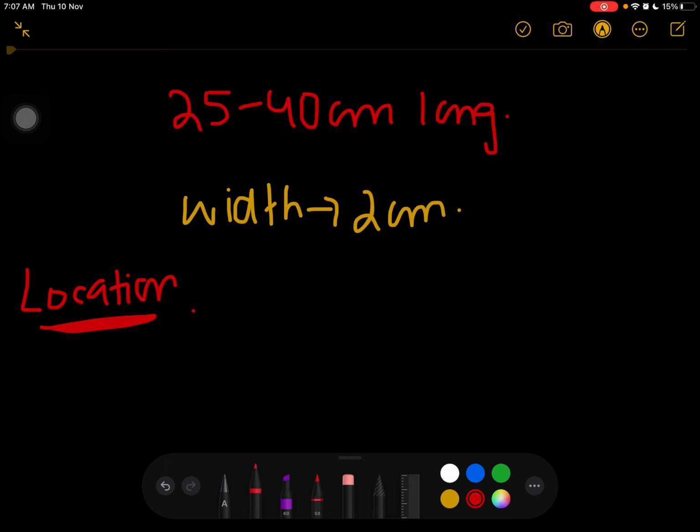it starts from the thoracic cavity and ends in the abdominal cavity. This can be the basic anatomy or basic location.